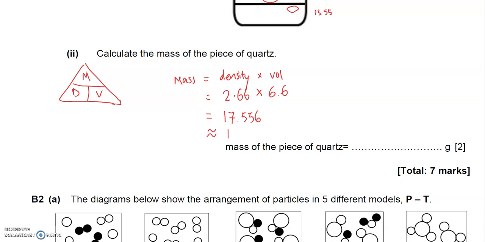So if we express this 17.556 in 3SF, it is 17.6, and do not forget the unit, which is grams. So the correct answer should be in 3SF, 17.6 grams. And this is your answer for B1 part B, second part.